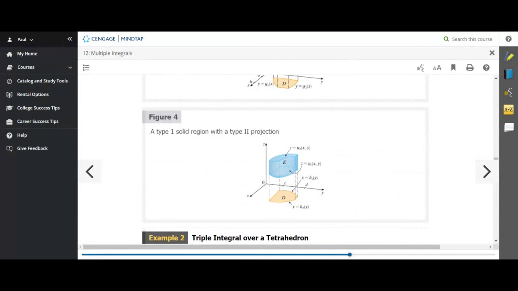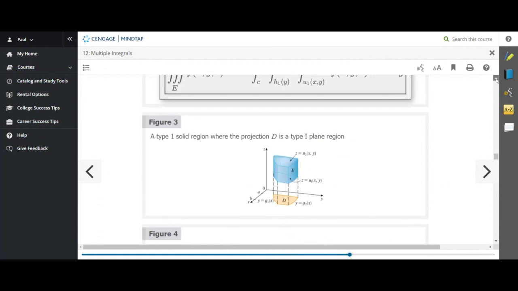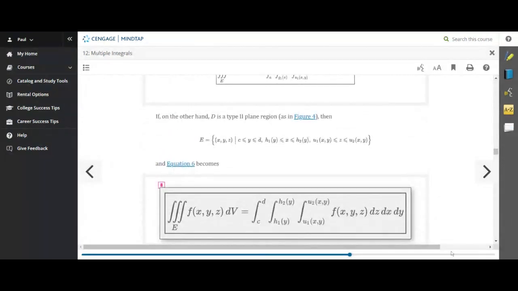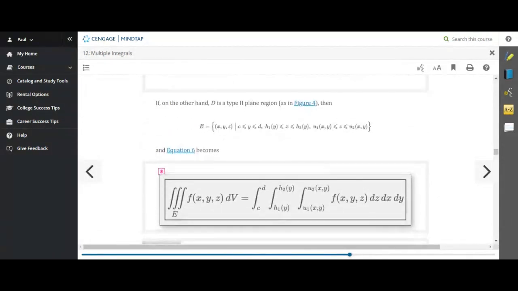So you project the solid E down into the xy plane, and the region D is bounded on the left and the right by functions of y. And then you have y limits. So figure 4 goes with the order of integration dz, dx, dy. And so this would be the triple integral you would use.